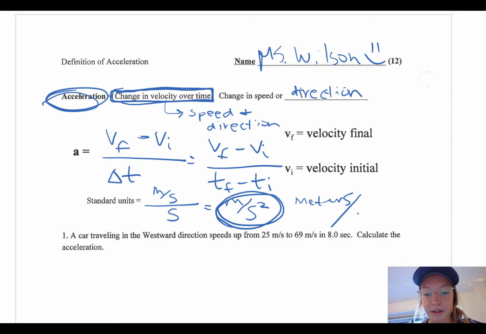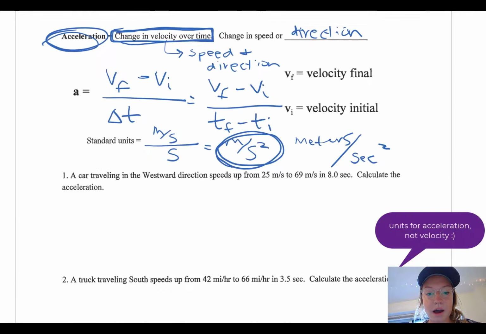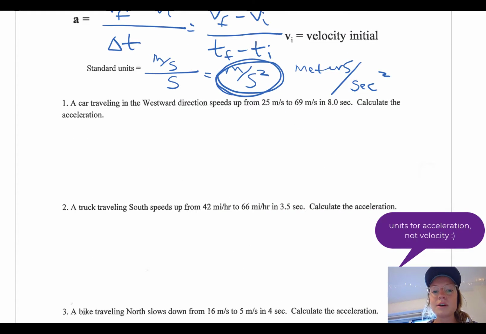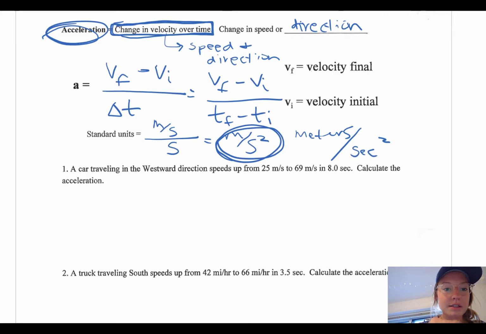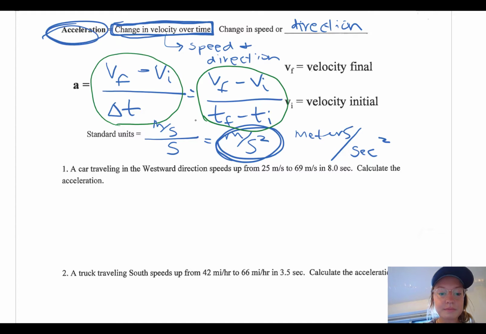Meters per second squared. So those are our units that we'll always use for acceleration. Whoa, crazy. So now let's go ahead and start trying to use this equation in some practice problems. I'm going to go ahead and circle this equation right here so we don't forget it.